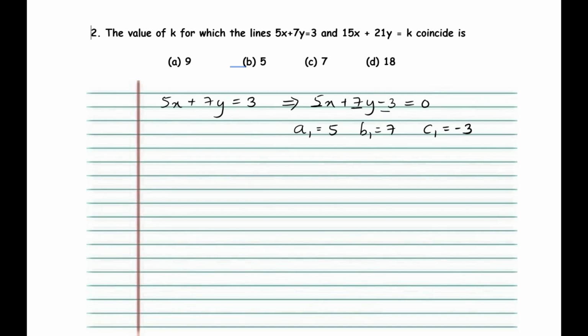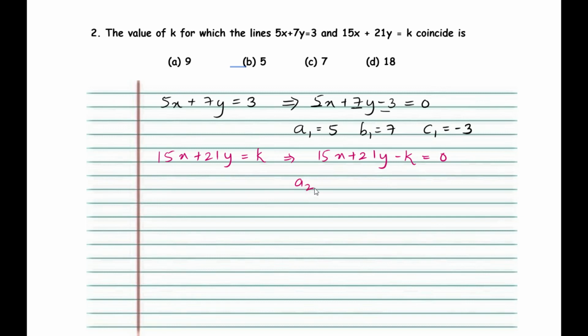In the same way, the second line is 15x plus 21y equals k. In standard form, shifting k to the left-hand side, it becomes 15x plus 21y minus k equals 0.